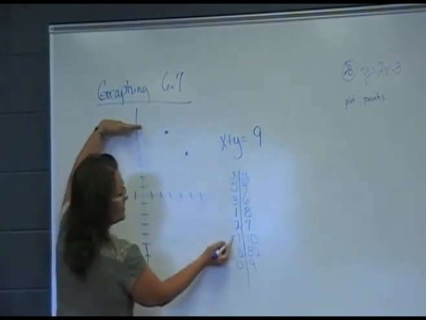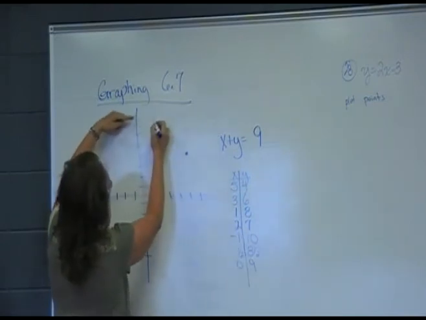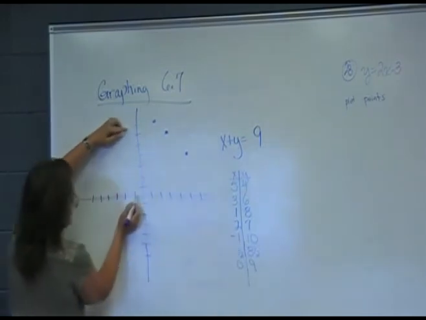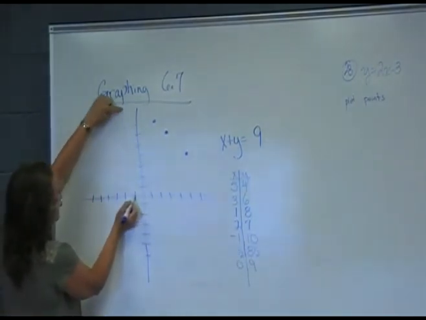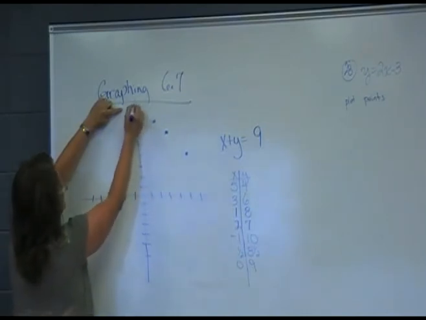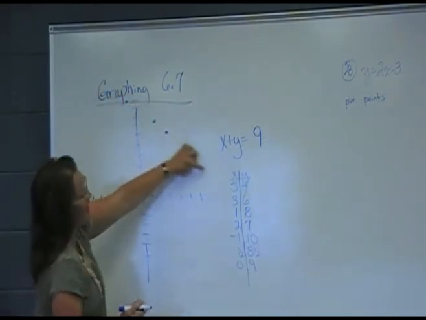We're running out of room. All right. 2 and 7, over 2, up 7. -1 and 10, that would be back here, -1 for x and up 10. Let's see, 1, 2, 3, 4, 5, 6, 7, 8, 9, 10. -1, 10. Are you seeing how those are lining up though?